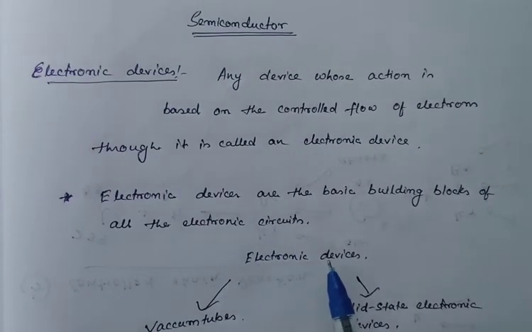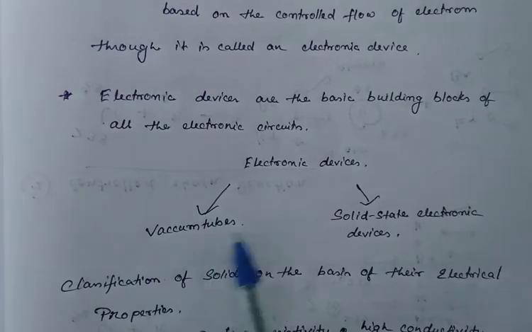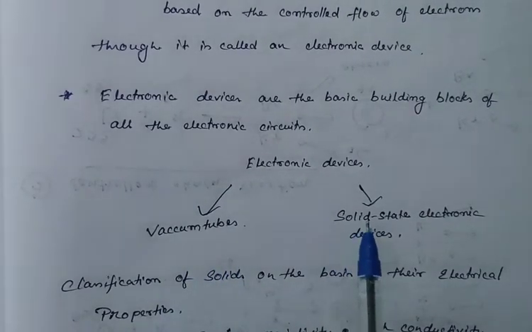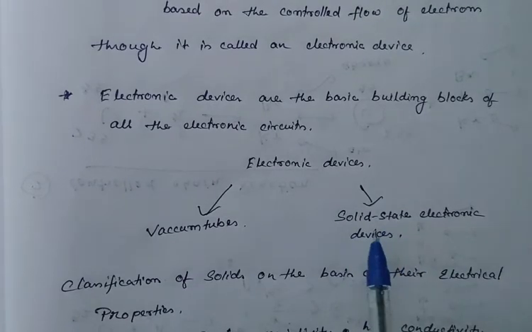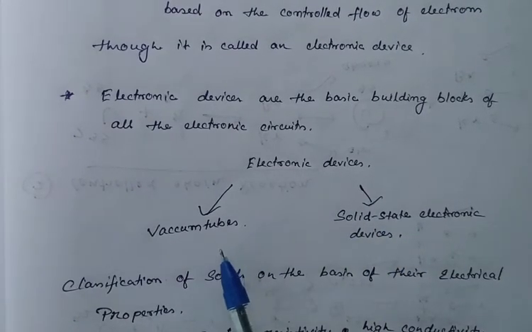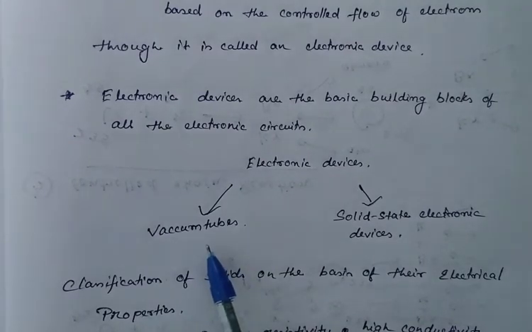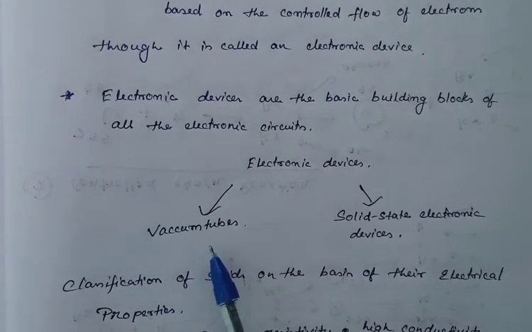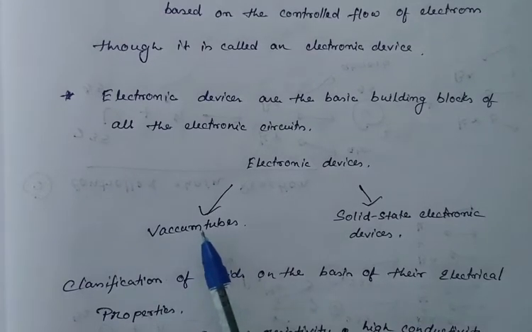So electronic devices are the basic building blocks of all the electronic circuits. These electronic devices are divided into two types, that is, one is vacuum tubes and another is solid state electronic devices. Vacuum tubes are like triodes, diodes, but due to their several disadvantages, like they have limited life, they have low reliability, they are bulky, consume high power, that's why they are not used nowadays.